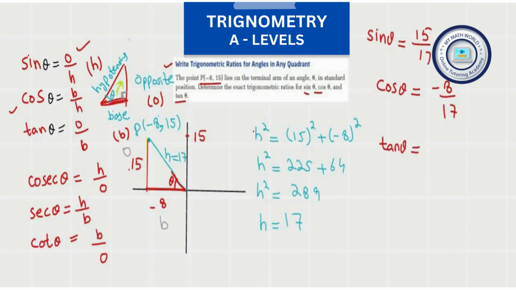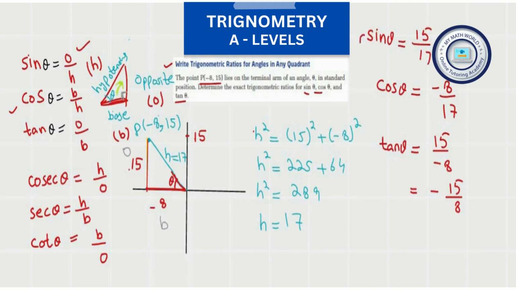Tan theta is equal to opposite over base. Opposite is 15 and base is -8. Or we can also write this as -15 over 8, because it doesn't matter whether we write the negative as a factor or with the 8, it's the same thing.